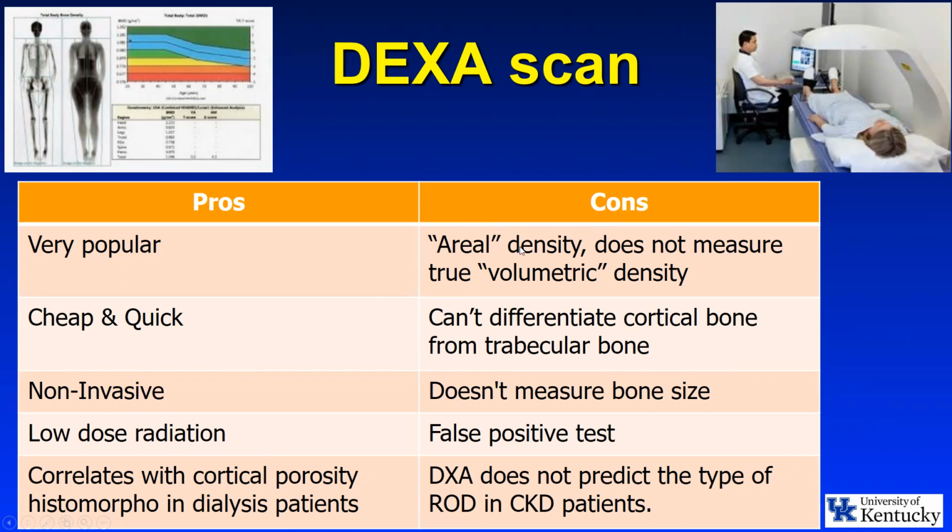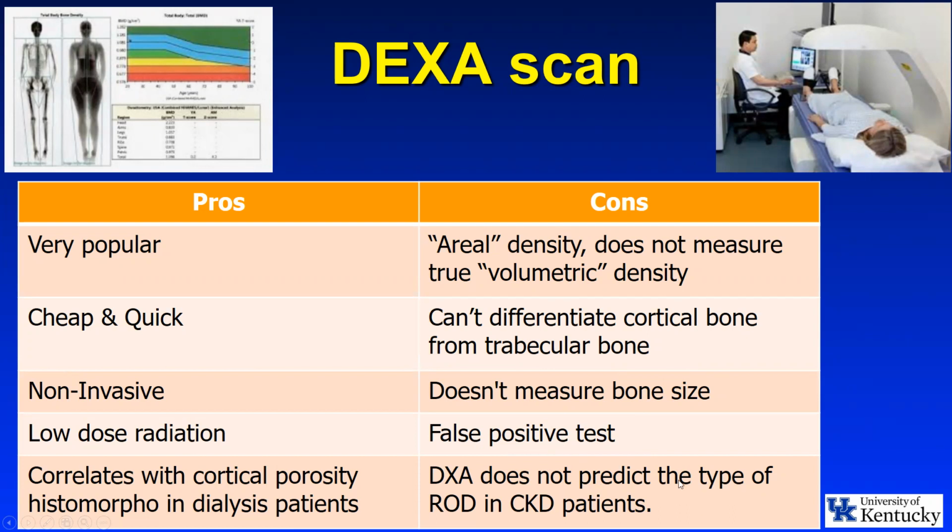It's only 2D, so it's two-dimensional. It's an areal density, not a volumetric measurement, and it cannot differentiate between cortical and trabecular bone. It doesn't measure bone size, and it can give you false positive results, especially if the patient has a lot of aortic calcification or osteophytes.